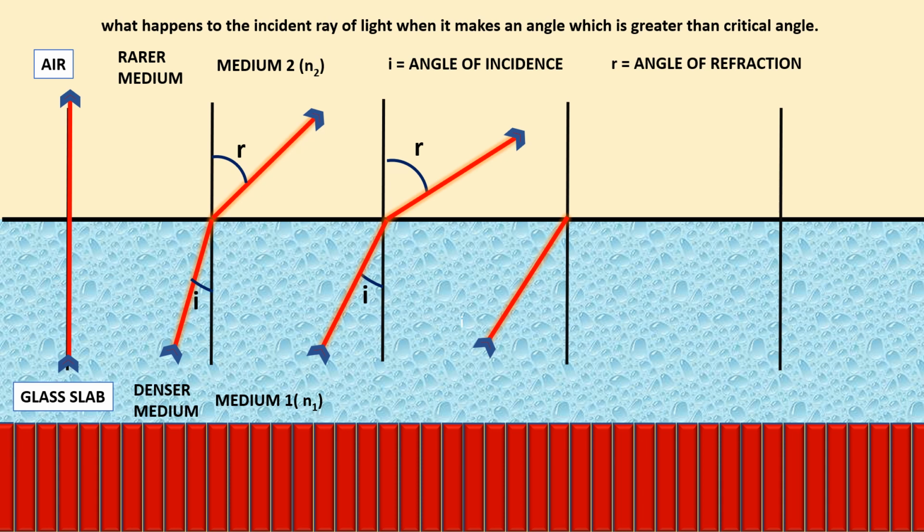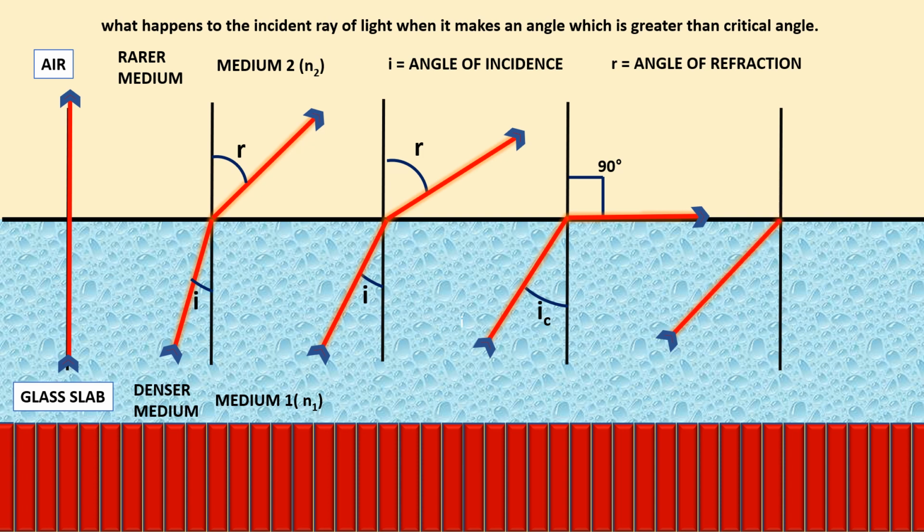In fourth case, we see the light ray is traveling along the boundary which separates rarer medium and denser medium, and this angle of incidence is called critical angle, as we have discussed earlier.